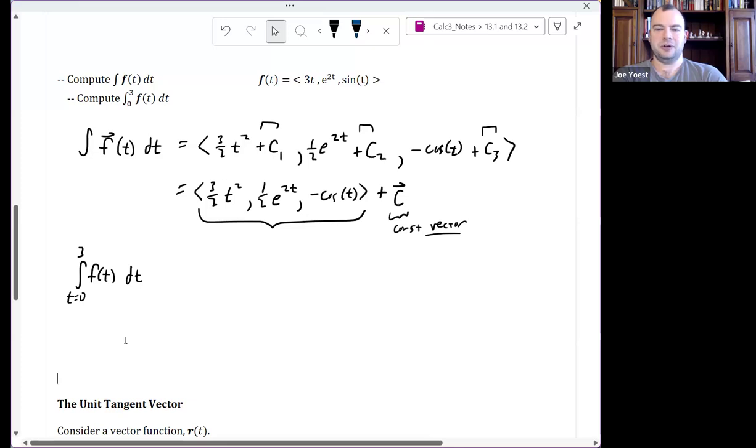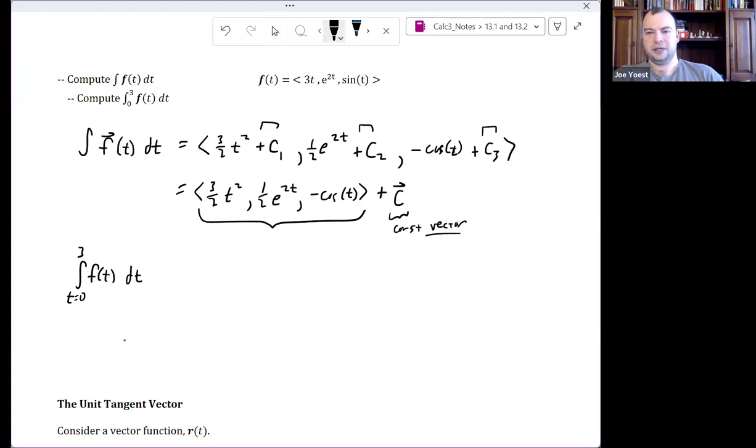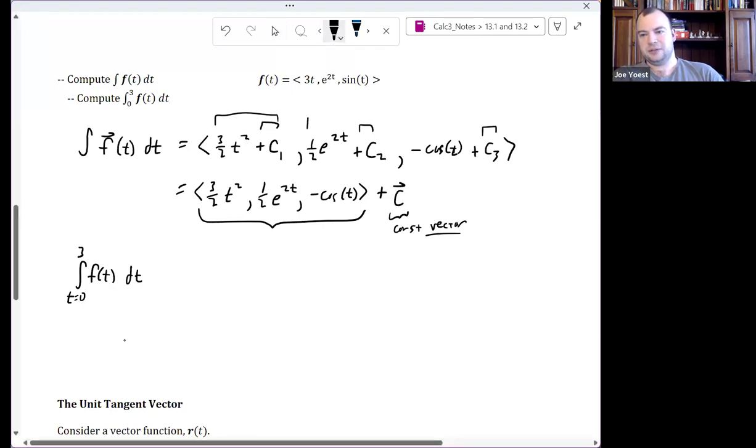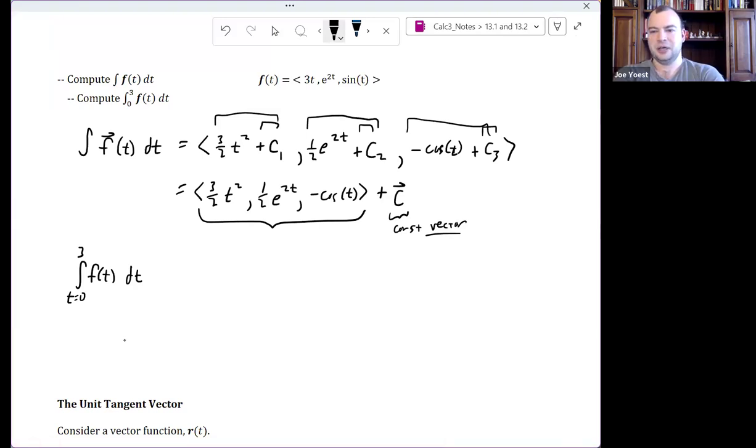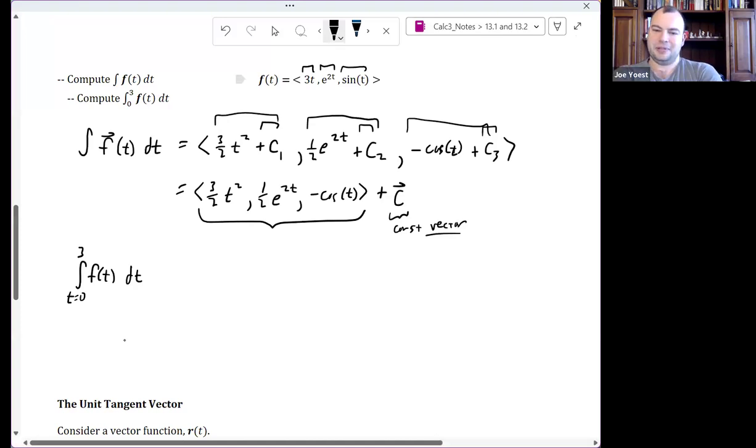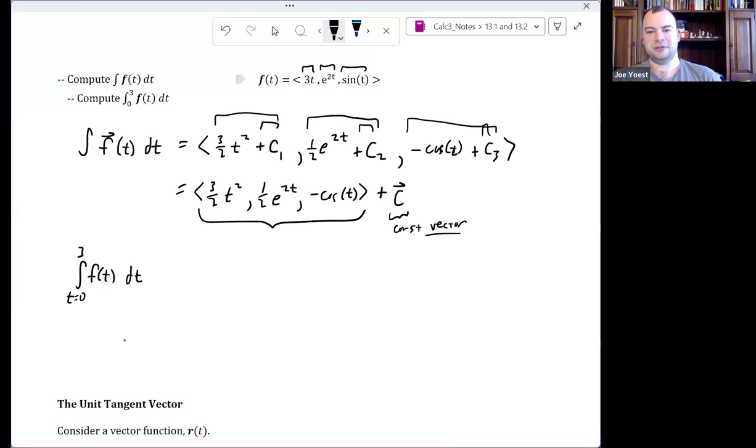My fundamental theorem of calculus still applies, because I know that this integral would be done component-wise, and the fundamental theorem of calculus applies to each of these components, these real valued functions. So I can just take an antiderivative.